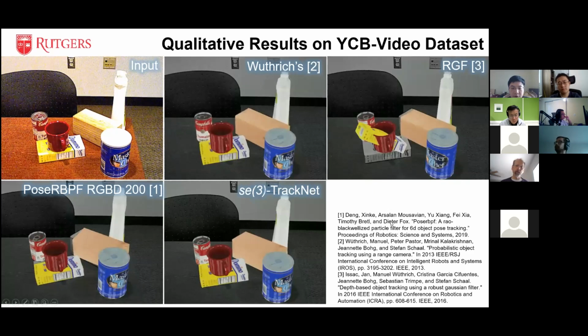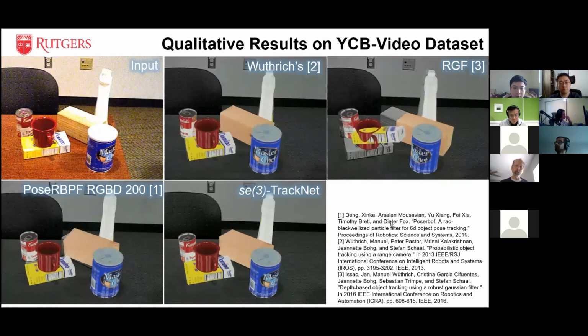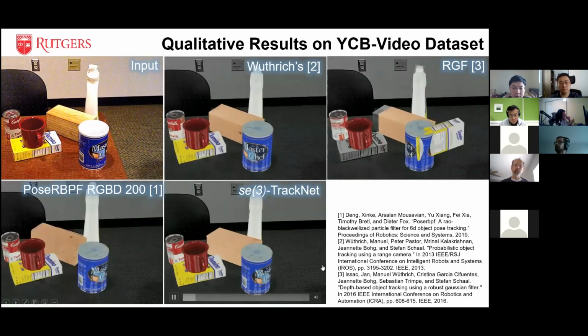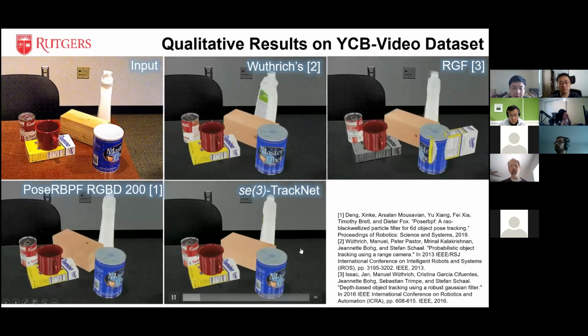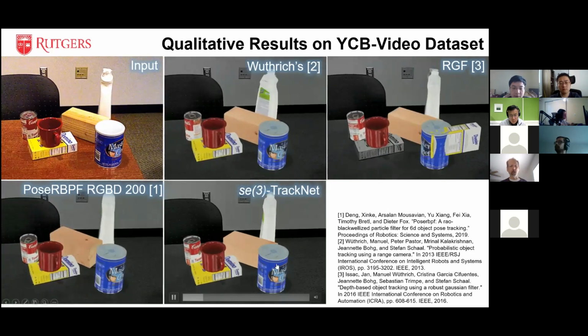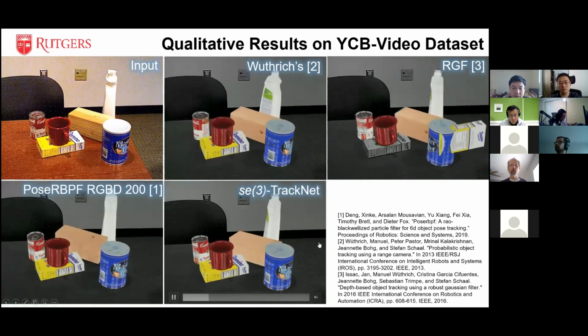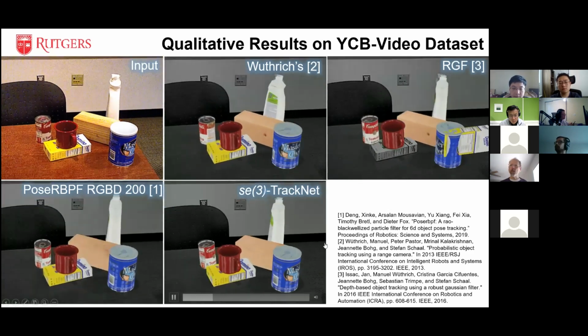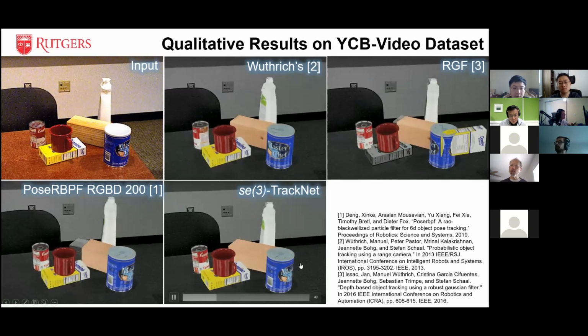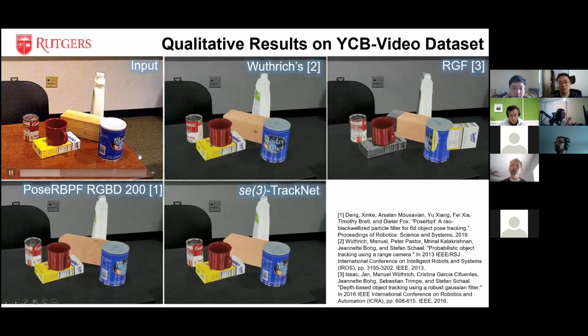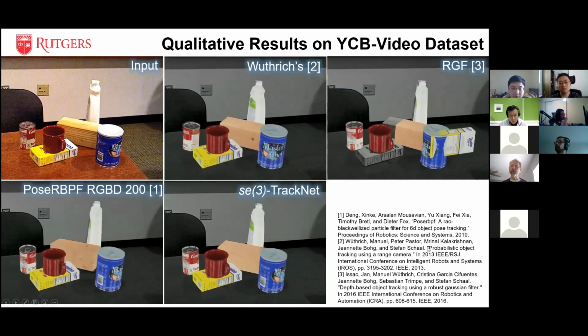So the poses are initialized from the ground truth, and the background is rendered in gray. The estimated objects are rendered in color, overlaid on the gray image. So ideally, the rendered color should be the same as the observed image, which means the pose estimation is accurate.